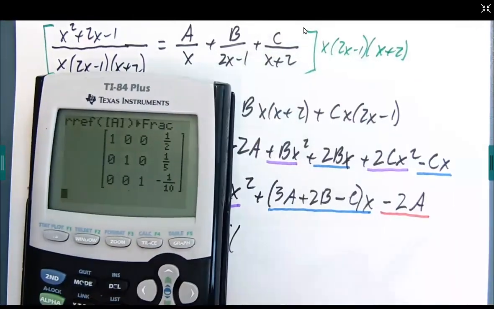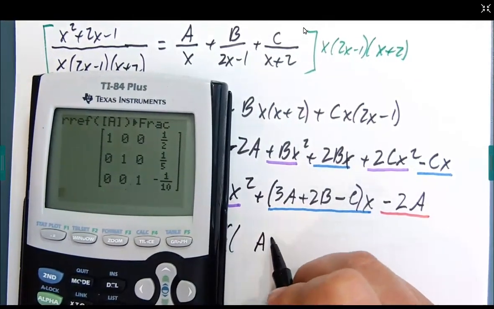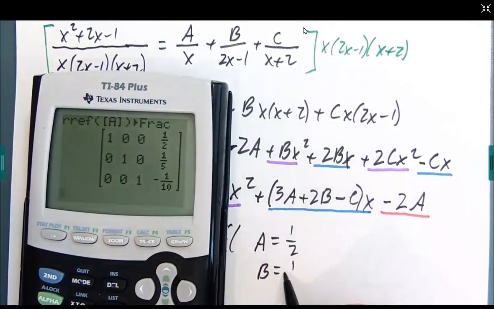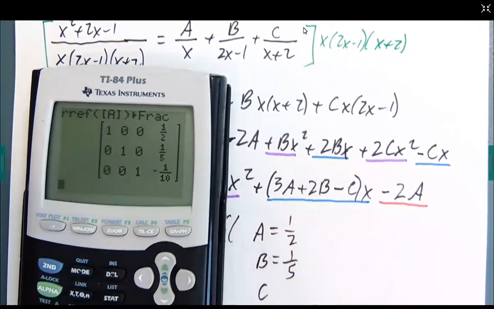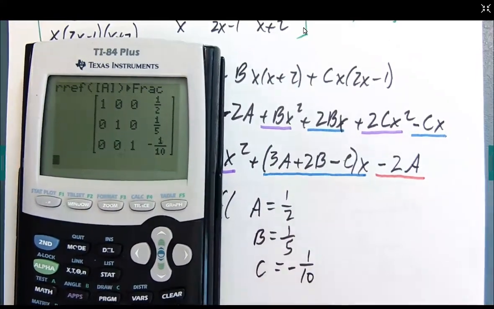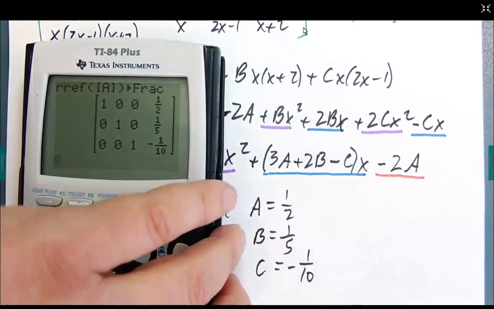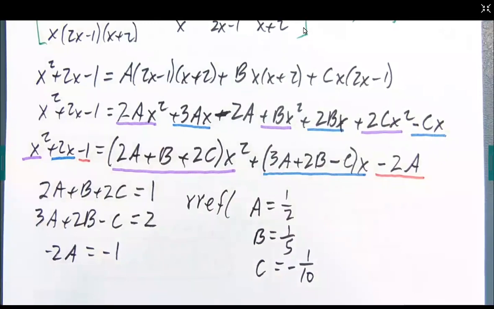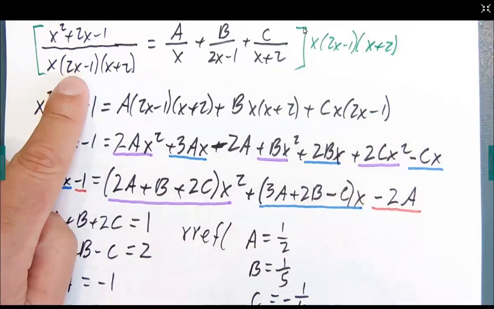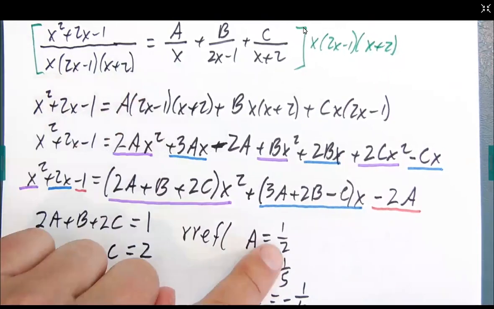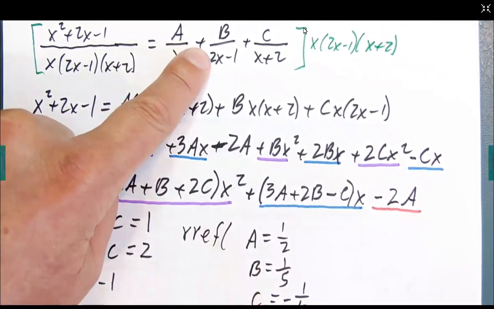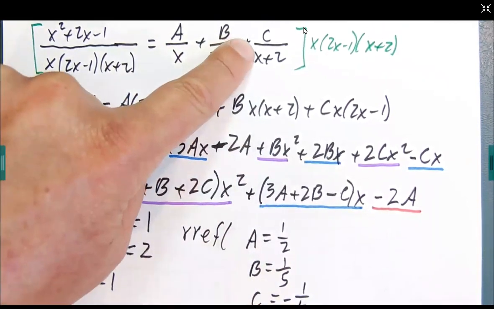So this means that A equals 1/2, B equals 1/5, and C equals -1/10. Which means I can now rewrite my integral as 1/2 times the integral of that, plus 1/5 times the integral of that, minus 1/10 times the integral of that.